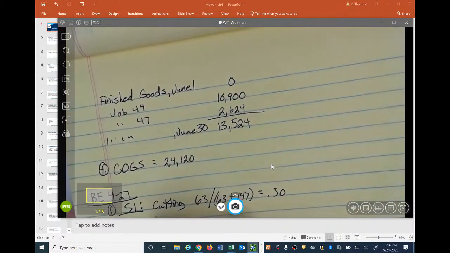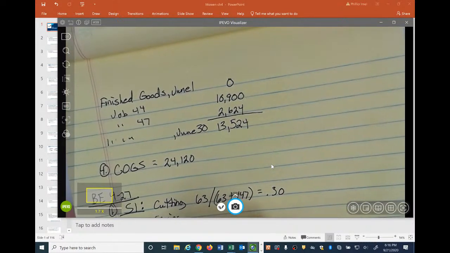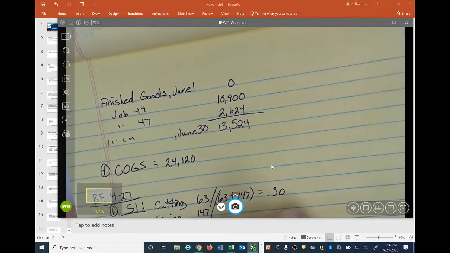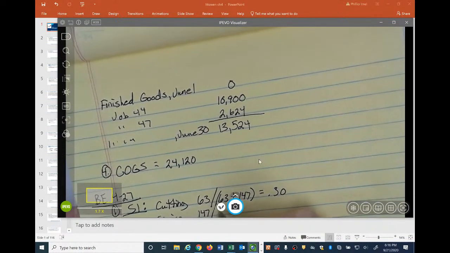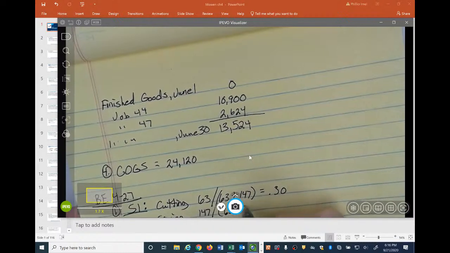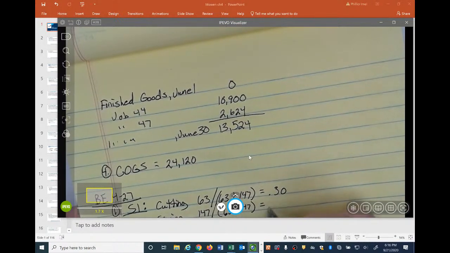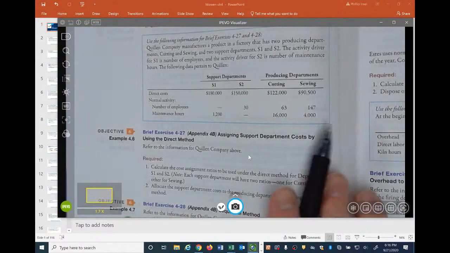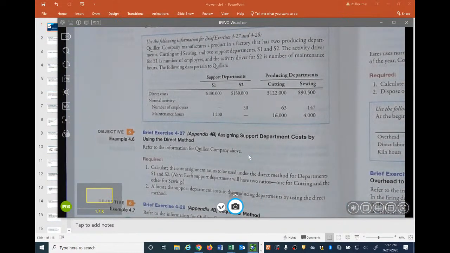So once again, for sewing, it's going to be 147 divided by the same thing, 63 plus 147, which equals 0.7. So everyone gets that right for S1, how we allocated those out. Anyone unsure on that step right there? Everyone good?